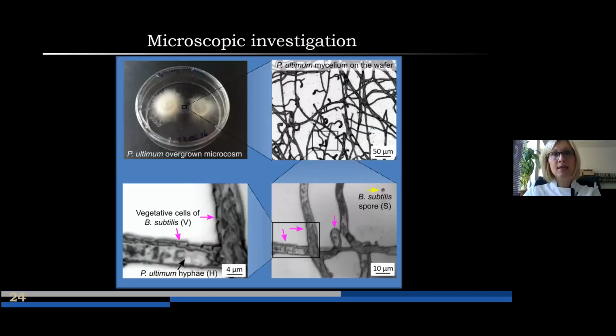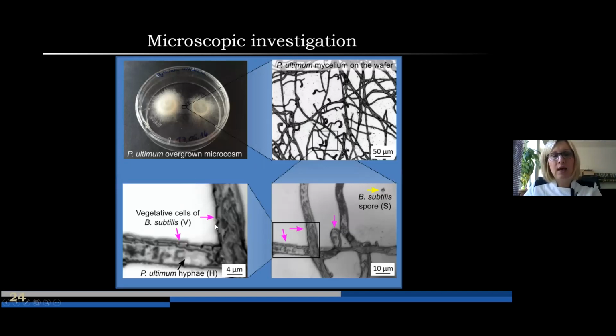So this is, on the left side, you can see how the fungi developed over the silicon wafer where we had the spores of Bacillus subtilis. They created a lot of hyphae.